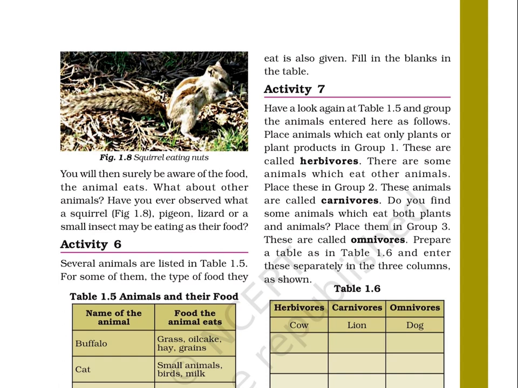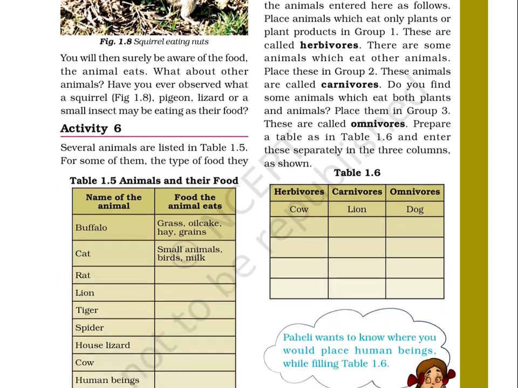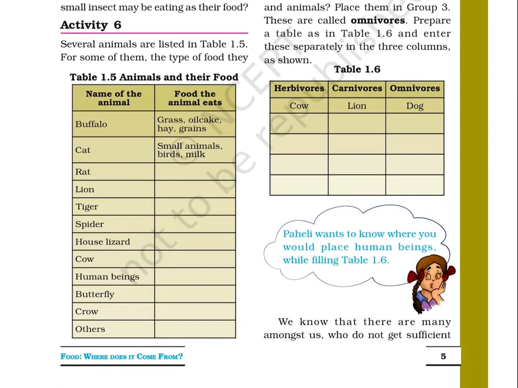Table 1.6 has 3 columns: herbivores, carnivores, omnivores. In column herbivores, cow. In column carnivores, lion. In column omnivores, dog. Rest blanks are left for your activity.